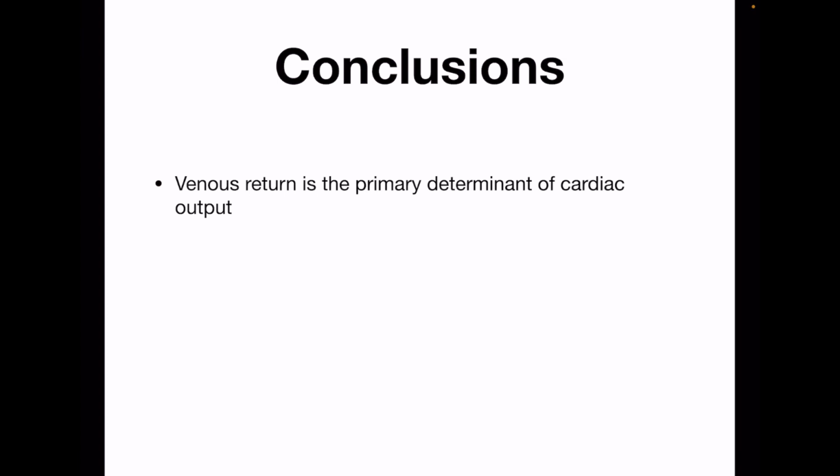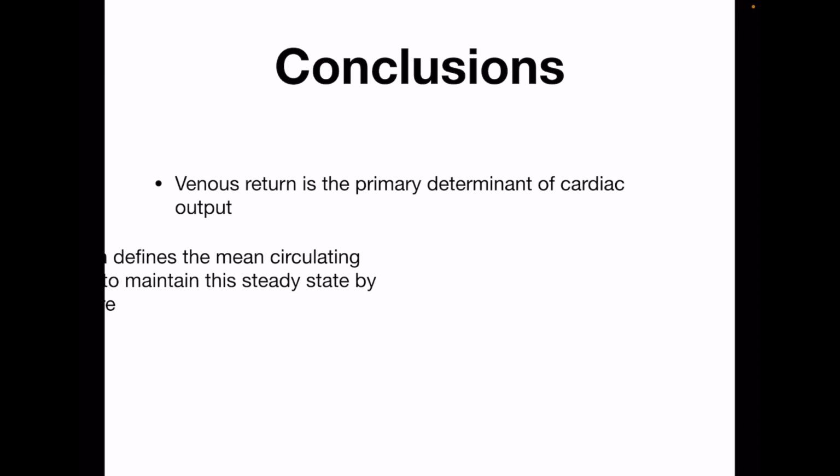Even if the cardiac contractility is reduced, it is in a steady state. So with a steady state cardiac contractility, the factor that actually determines the cardiac output is not the contractility function of the heart, rather it is the venous return coming to the heart, which is altering the cardiac output.